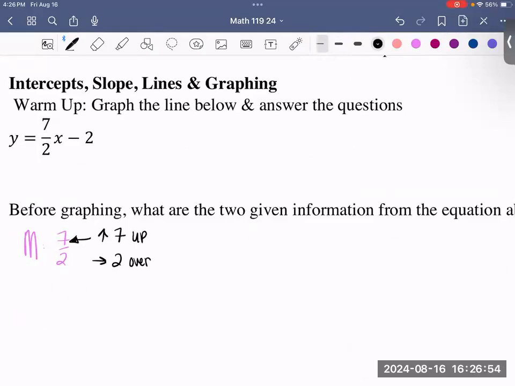That takes care of this one, because this is in slope intercept form, y equals mx plus b, where m is considered the slope and b is considered what? B is considered your y-intercept. When x is equal to 0, you have b remaining.